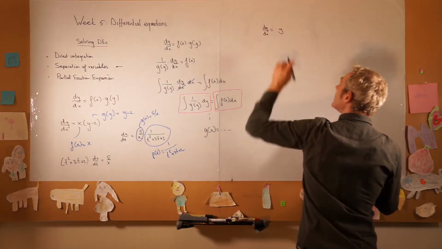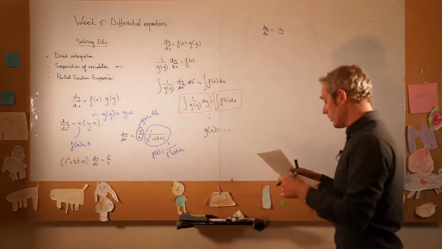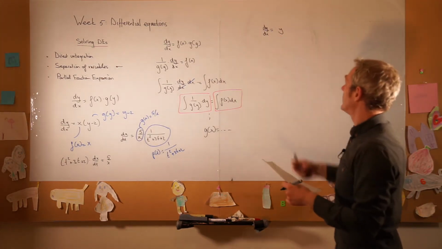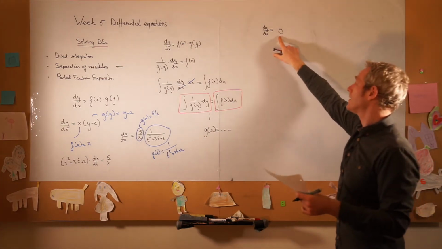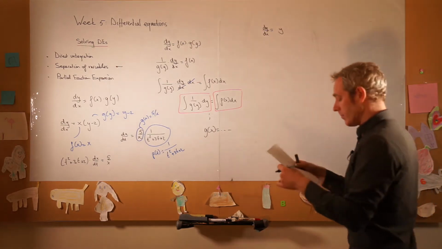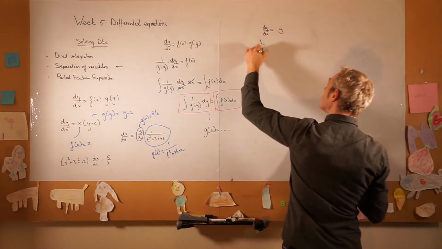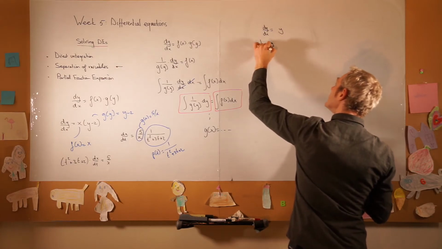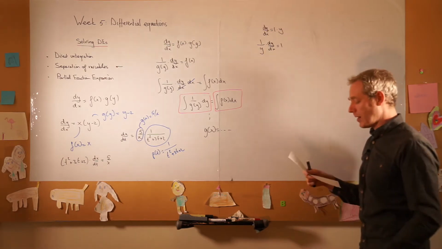Let's do it like this, where fx is not even x, it's just simply 1, and here we have our y. We'll move on to a slightly more complicated one, but let's take the simplest one to illustrate a certain point. Now we move everything with y to the left, so we get 1 over y dy/dx is equal to 1, as we had 1 times y.